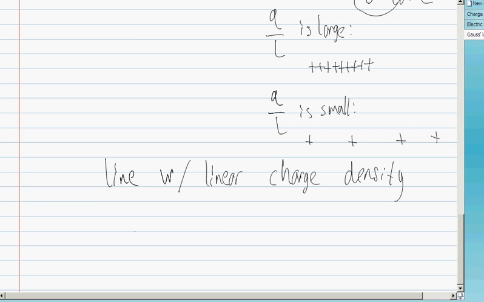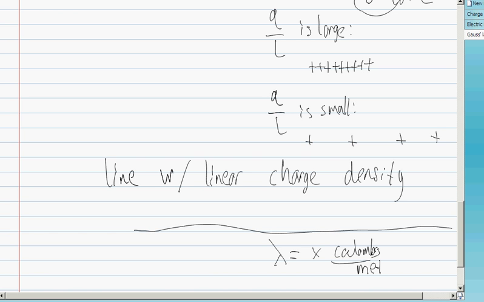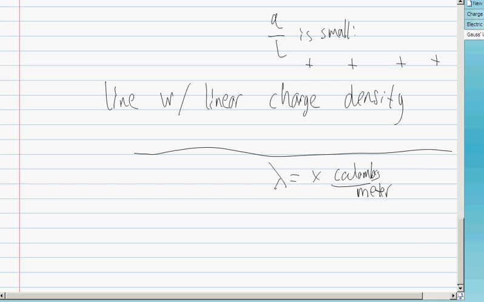Which means that now you have a line here, and we know that it's going to have X number of coulombs per meter. So this is like a second case of the same thing. Well, we take our wire, or our line of charge, I should say.